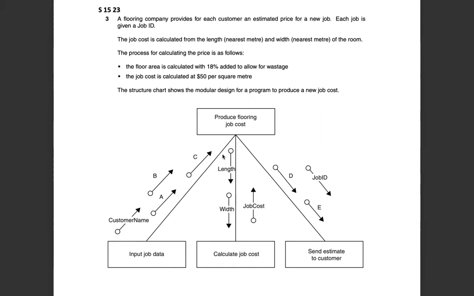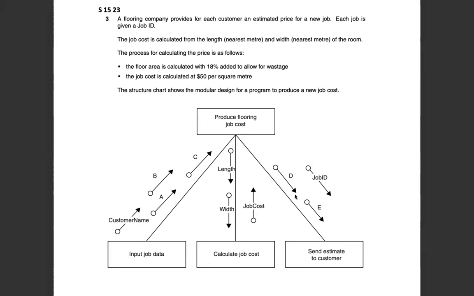That's done. After that, for calculating job cost, I'm giving in the length and width, and according to this formula over here, it generates the job cost. And then afterwards, I want to send an estimate to the customer. So there has to be a job ID, and sending the estimate to the customer means I should at least mention the job cost.